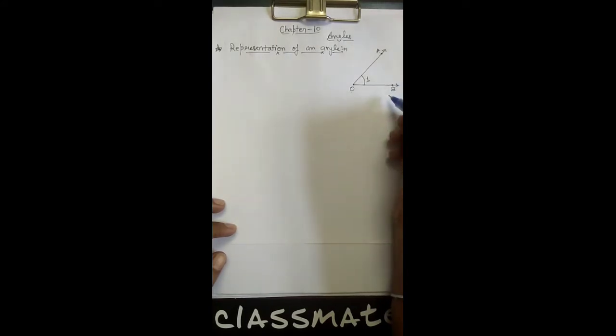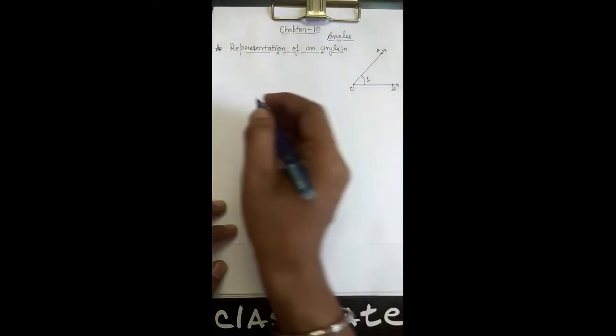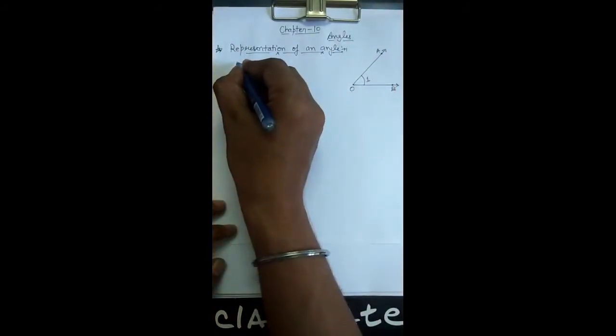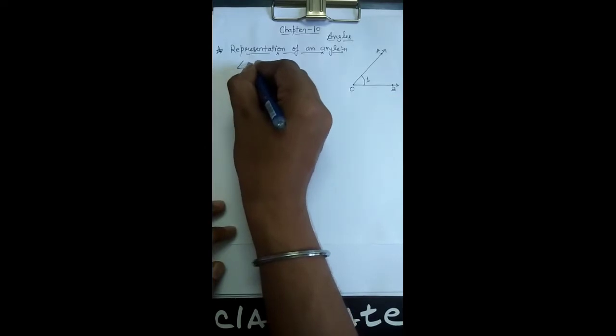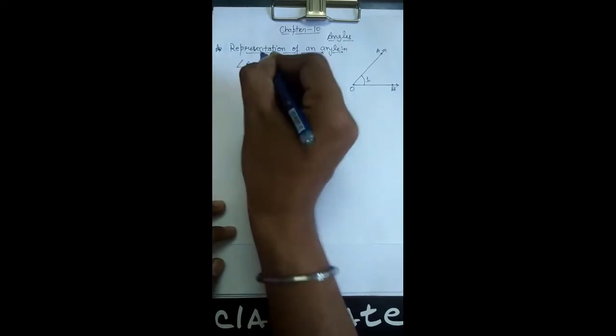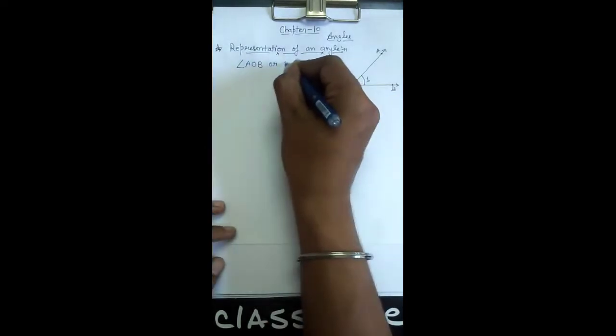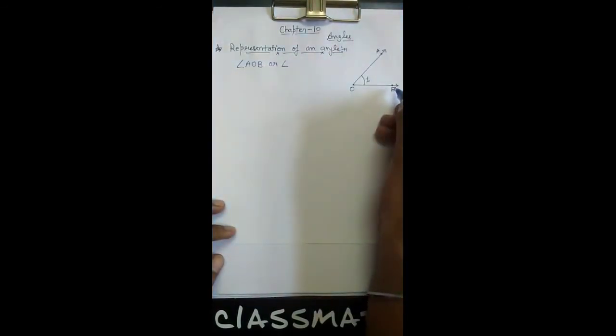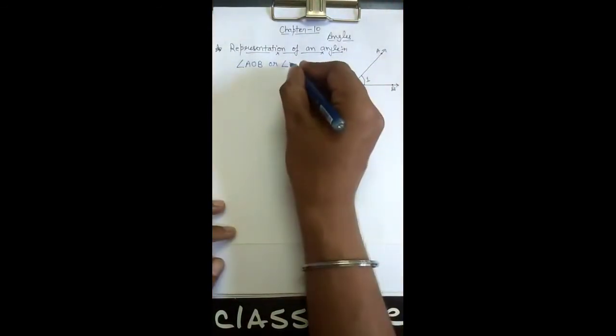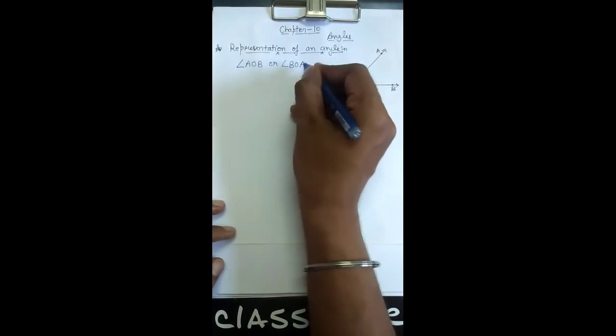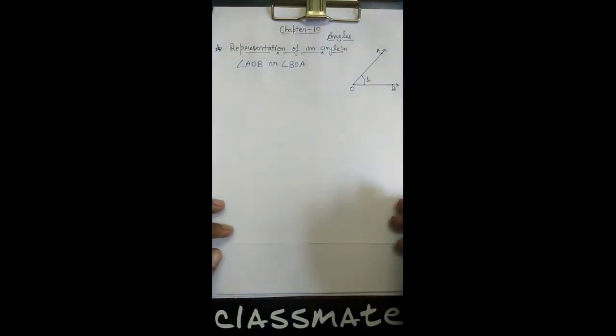Or you can start with B also, BOA. So you can write this angle like this, angle AOB, or starting with this corner, BOA. These are the ways to represent this angle.